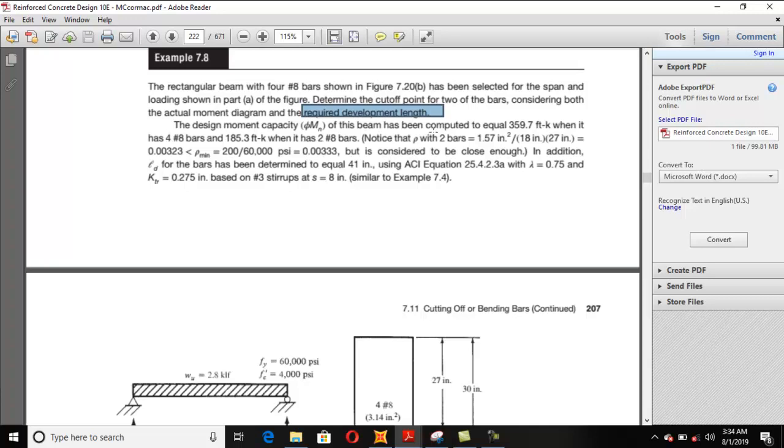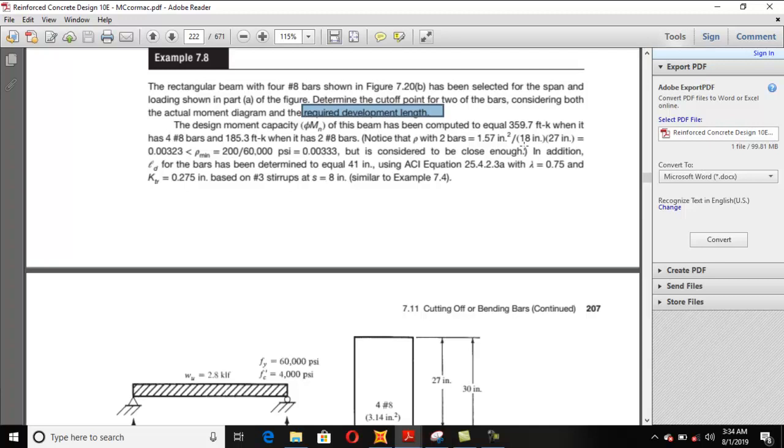Whenever we are calculating the cutoff length, you have to check that cutoff length against the development length of that bar, because the development length is that length in which a bar can develop its full strength. If a cutoff length is less than the development length, the bar will not develop the full stress, and thus the full moment capacity cannot be utilized.